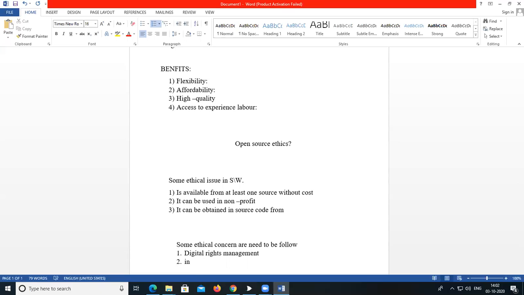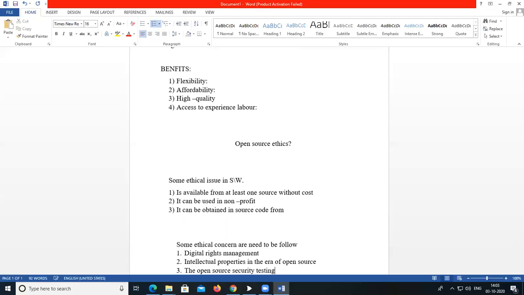Then the third one is open source security testing methodology, the open source security in the area of security testing.